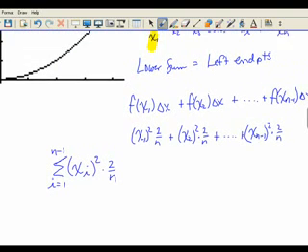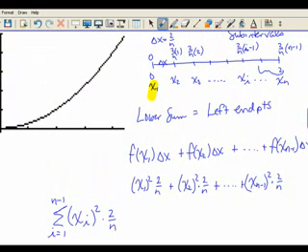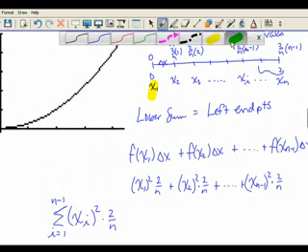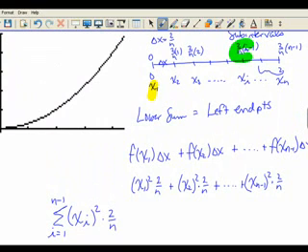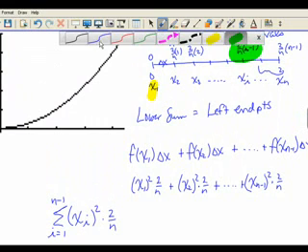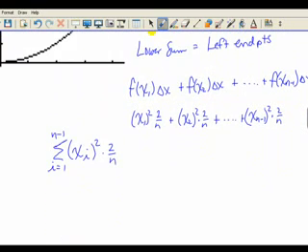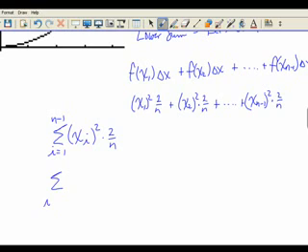Well, what did I say the formula for x sub i was? The formula for x sub i is 2 over n times i minus 1. So the sum, if i starts from 1 and goes to n minus 1, I have 2 over n times i minus 1 all squared times 2 over n.